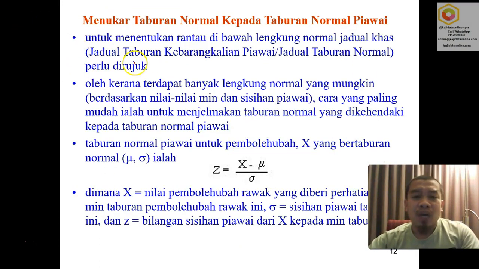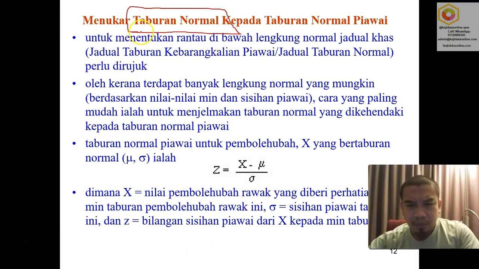Okay, so how do you change the normal tabulation of data, the taburan normal biasa, where you use the histogram by accumulating your data according to specific class groups, into the standard normal tabulation data? It's very simple. We are going to use one established table by statisticians before.